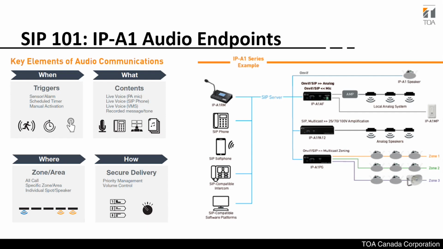The IP1PG supports up to 20 multicast IP addresses, which means 20 PA zones, and there's no limit on how many speakers can be in one zone. It can be hundreds or thousands.